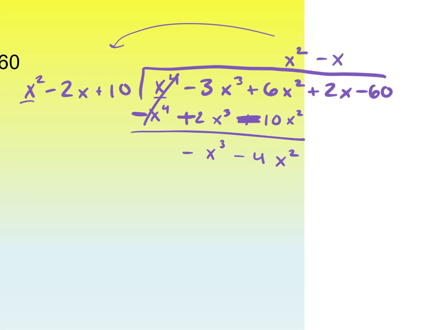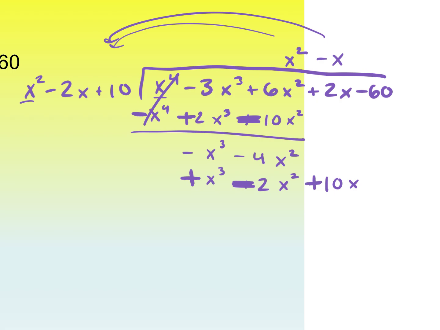Negative x. Then we multiply by everything out front, so we get negative x cubed plus 2x squared minus 10x. Change the signs and combine. x cubes cancel. This would be negative 6x squared plus 12x.